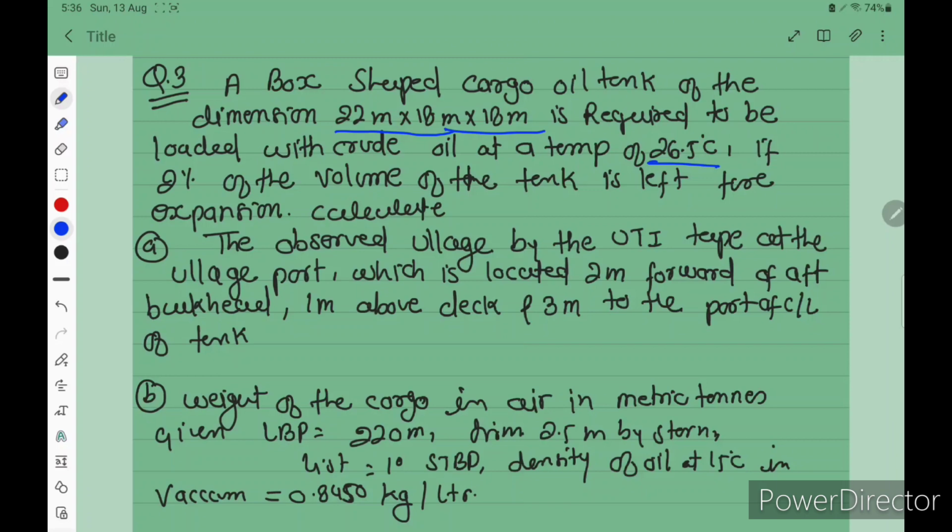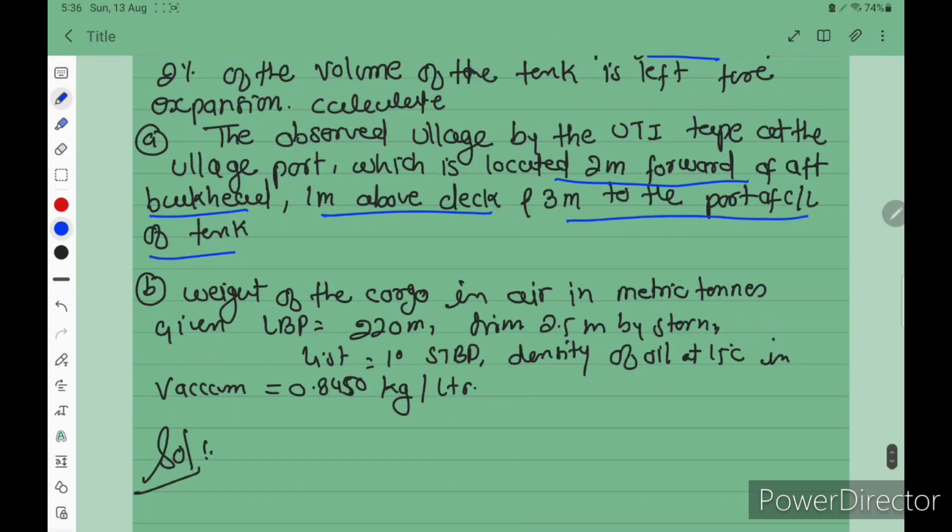The observed ullage by the UTI tape at the ullage port, which is located 2 meters forward of the aft bulkhead, 1 meter above the deck and 3 meters to the port of the center line. Find the weight of the cargo in air in metric tons. Given LBP trim 2.5 meter by stern, list 1 degree starboard side, density of oil at 15 degrees centigrade in vacuum 0.8450 kg per liter.